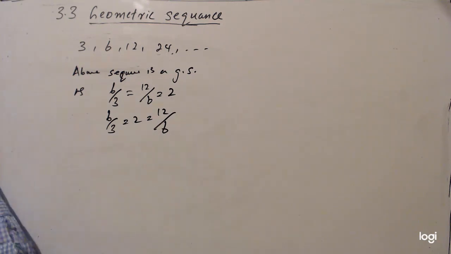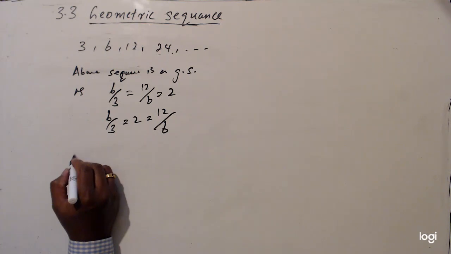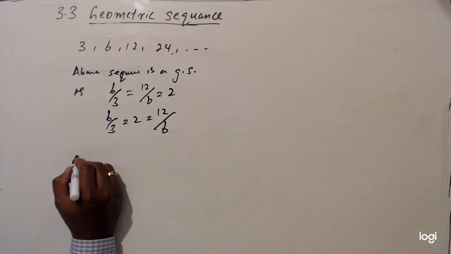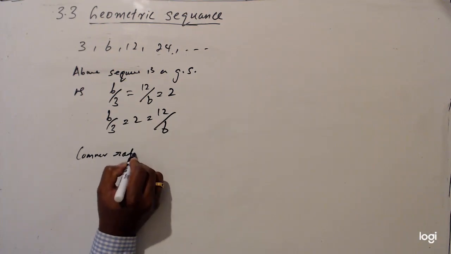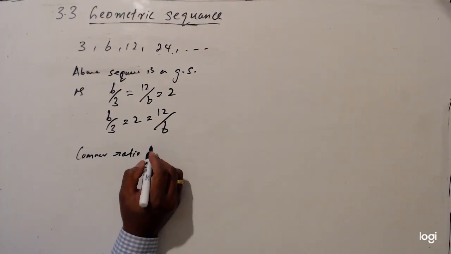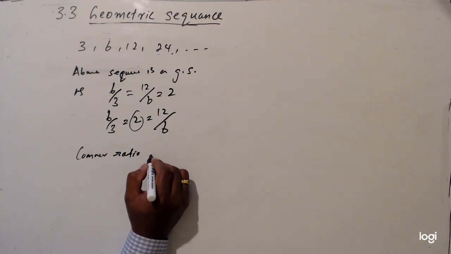So we can write it anyway. We refer to this value as the common ratio.